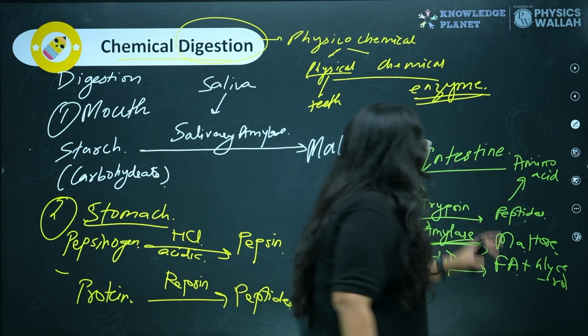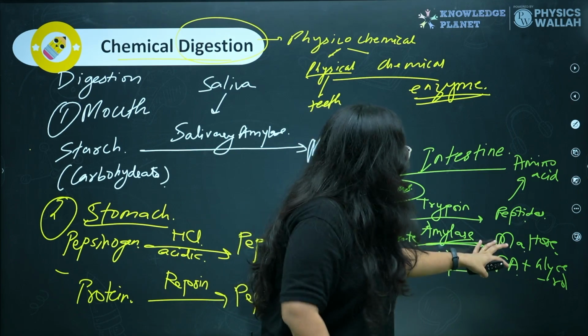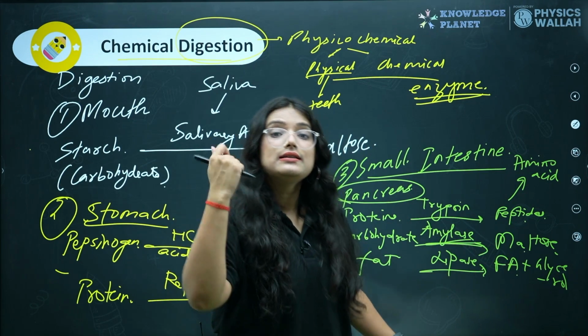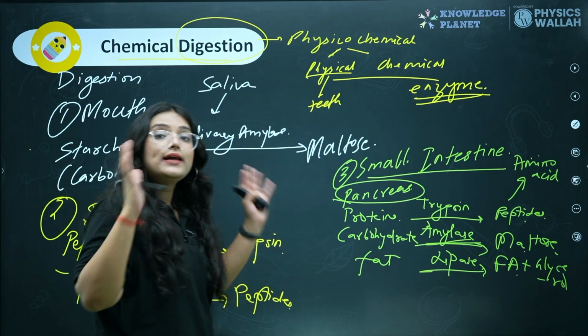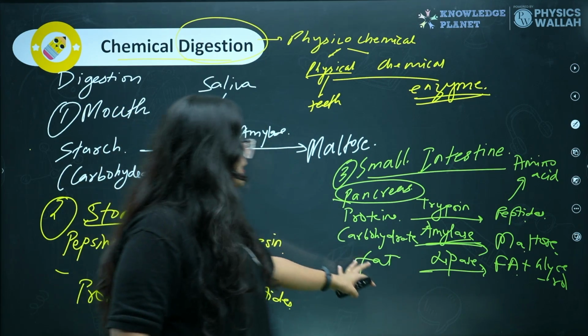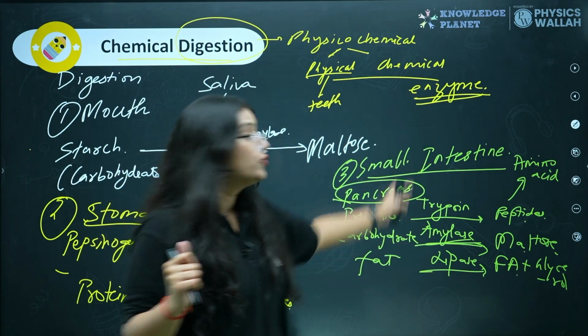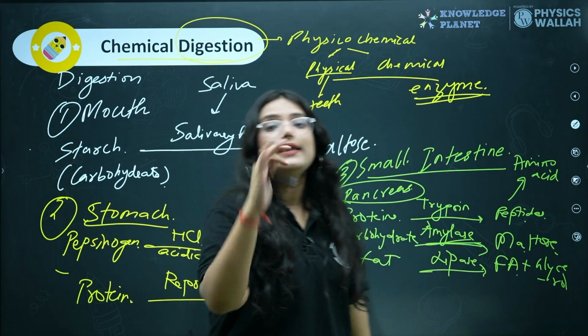Then they have maltase to convert maltose into the simplest form of carbohydrate, glucose, and it also releases lipase to digest the remaining fat into fatty acid and glycerol. Okay, and these nutrients will help us to obtain energy.